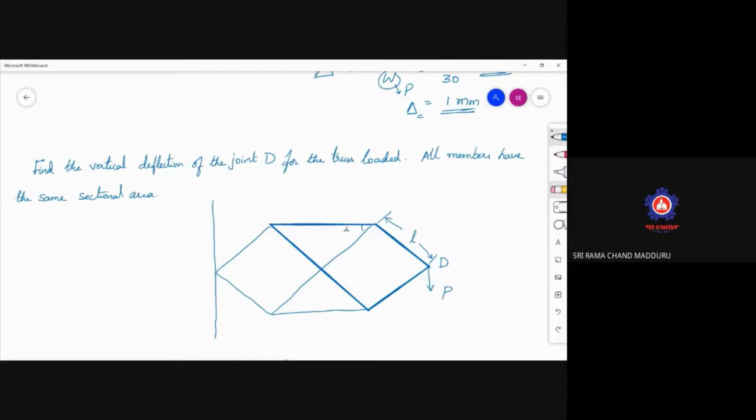So this angle is 45 degrees here. This is 45 degrees. And this is 90. Here this is 90.